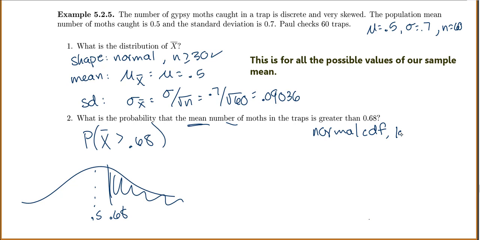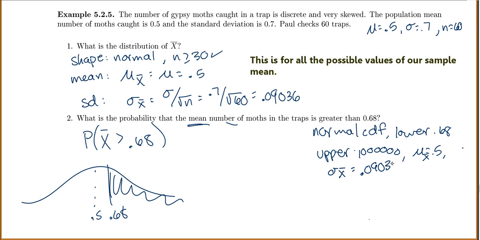I'm going to do a lower bound of 0.68, an upper bound of like a million. I'm going to use my mean of 0.5 and my standard deviation. Make sure you use your mean and standard deviation of x bar, 0.09036. So I just put all that into my calculator.